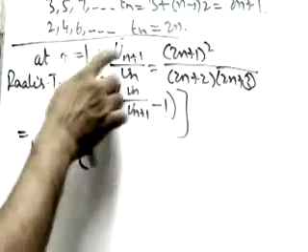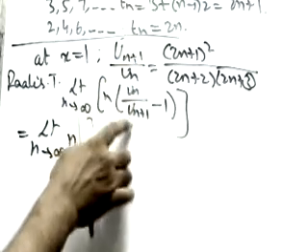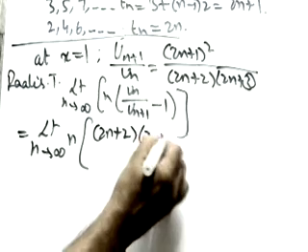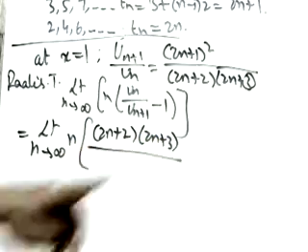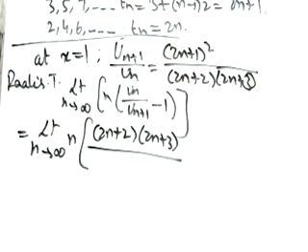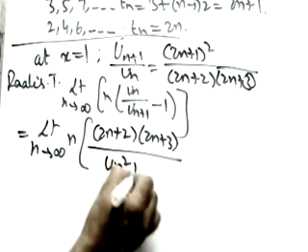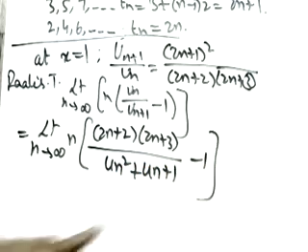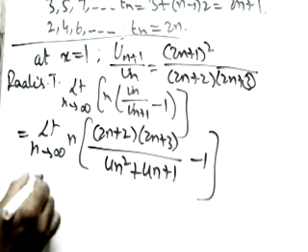So you just reciprocal it, bringing this in the numerator and the denominator. I'm expanding this: a plus b whole square is a square plus 2ab, so 4n square plus 4n plus 1, minus 1. So let me take LCM here.